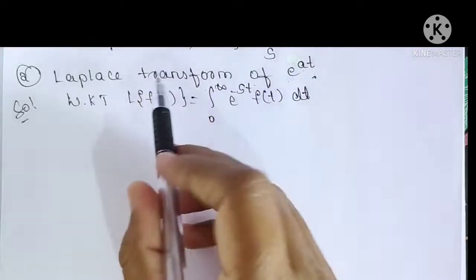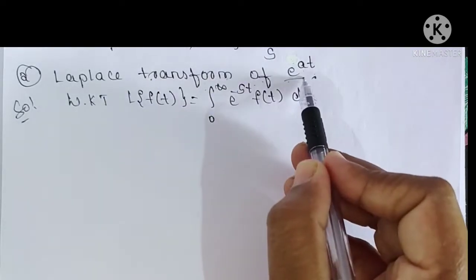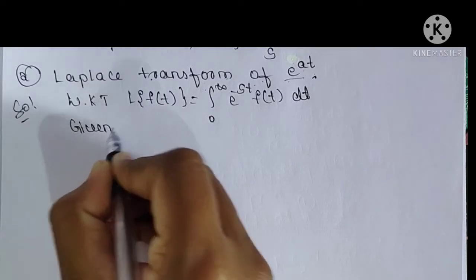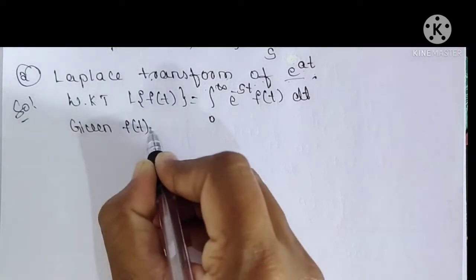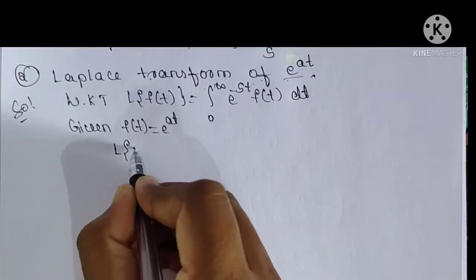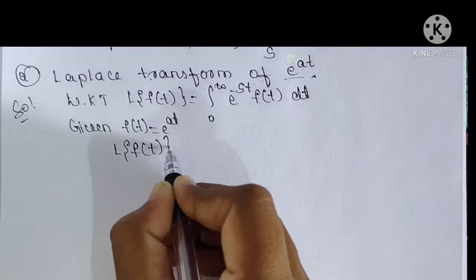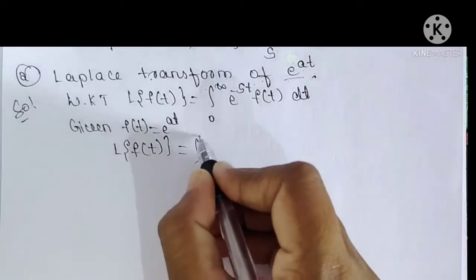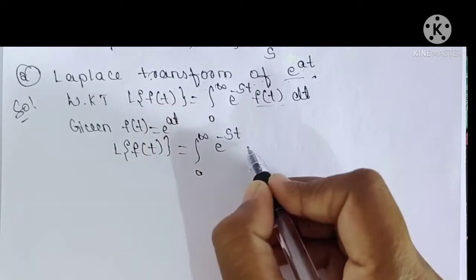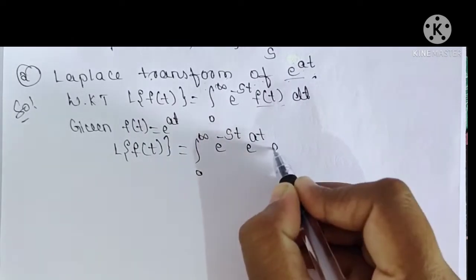Here we have to find the Laplace transform of the function e power at. Here given f of t is e to the power of at. Then L of f of t is equal to 0 to infinity e power minus st, f of t value is e power at dt.